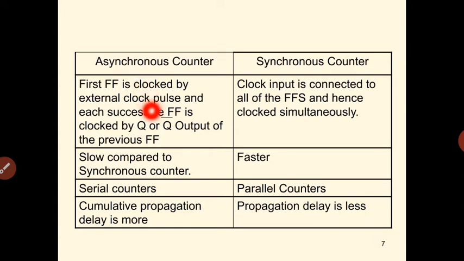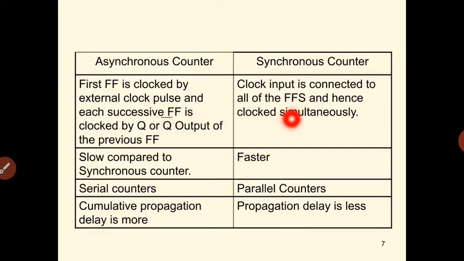The first flip-flop is given the clock input externally, and the subsequent flip-flops are given the clock input based on the Q or Q bar output of the previous flip-flop. That means the output of the first flip-flop is given as clock input to the next flip-flop, and so on, depending upon the number of flip-flops you are using in that asynchronous counter.